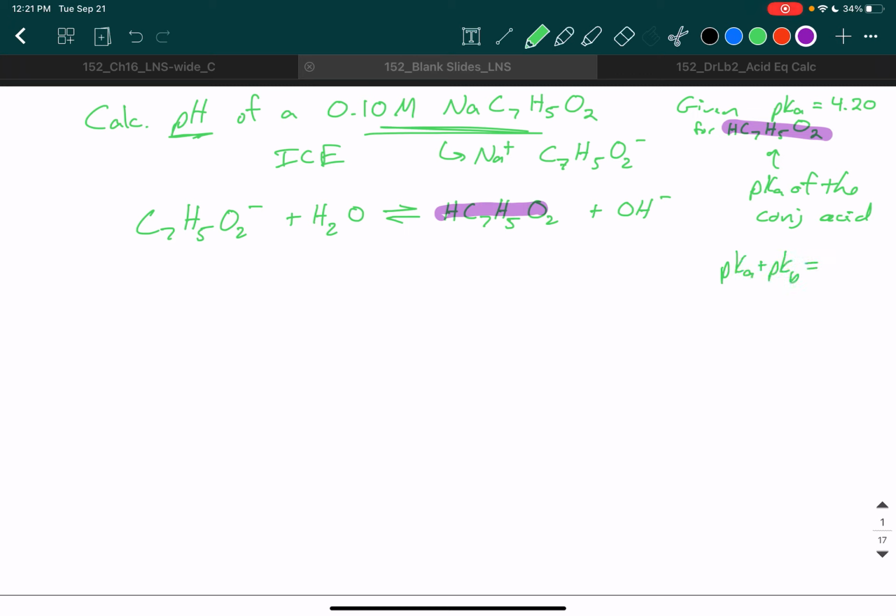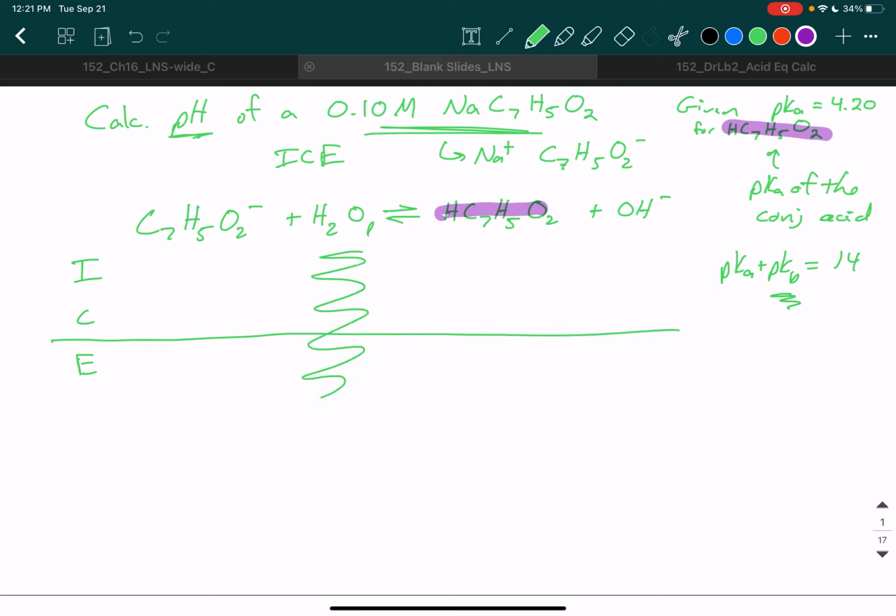So I guess I am going to show you how to do some of these calculations. Just know we can pull the Kb out of that. We'll do that in a minute. First off, let's just set up our ICE table. We don't have to worry about water because it's a pure liquid. Good.